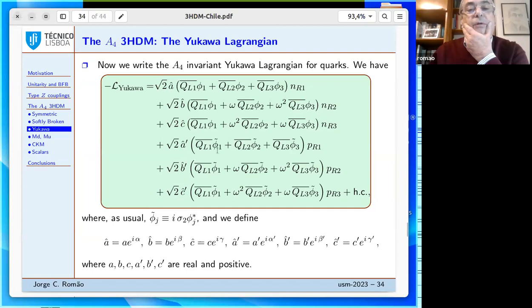Also, phi tilde is the usual definition, the complex conjugate multiplied by i sigma 2, the Pauli matrix. And these A, B, C, A prime, B prime, C prime are real and positive. It turns out that these phases are going to disappear. That's why this convention is nice.